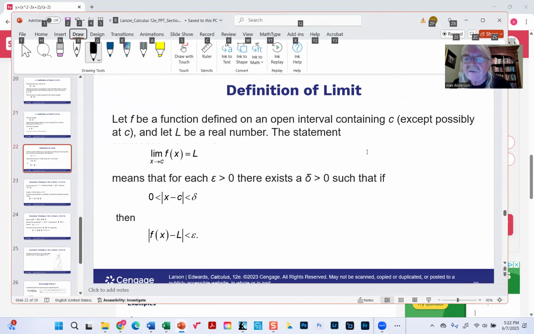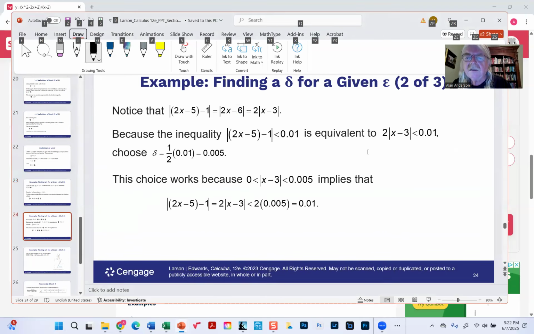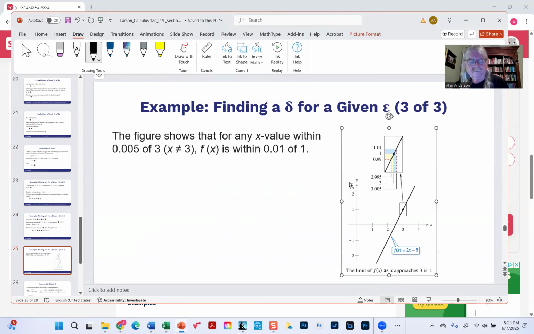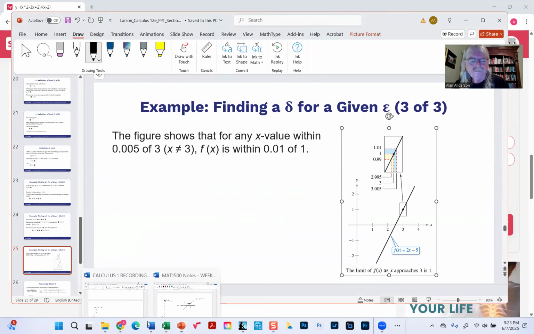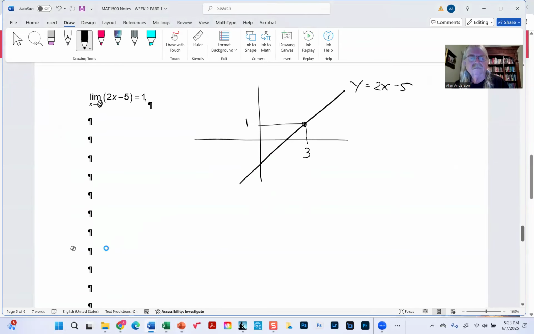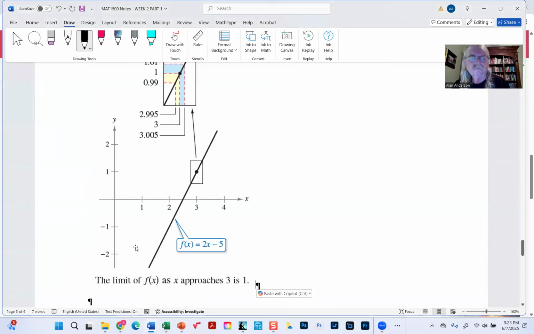Actually, I think they have a copy right here. Let's go grab that. Here we go. So this is the limit. As x goes to 3, the limit is 1.